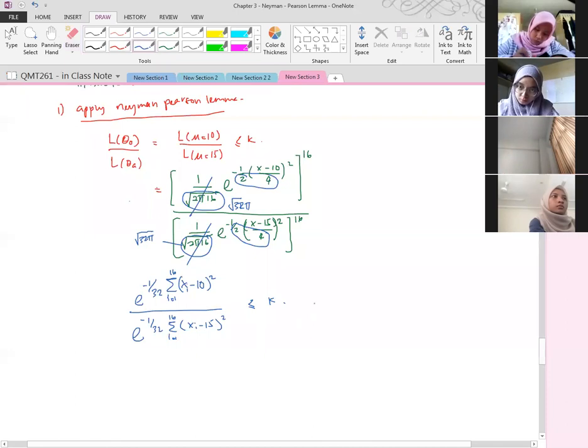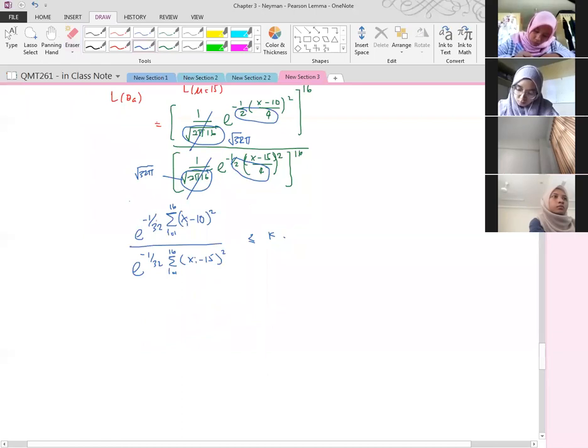Since we have a fraction of exponentials with the same base, it becomes exponential negative 1 over 32, summation of xi minus 10 to the power of 2, from i equal to 1 until 16, and then this is going to be minus the summation from i equal to 1 until 16 of xi minus 15 to the power of 2, less than or equal to k.